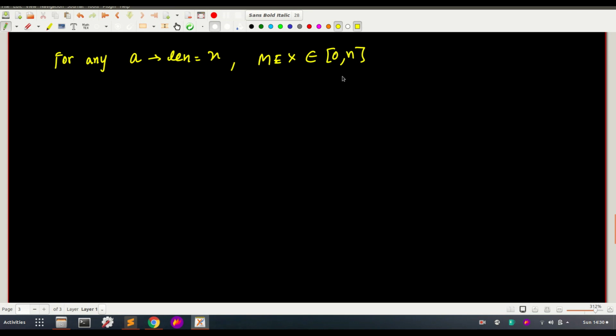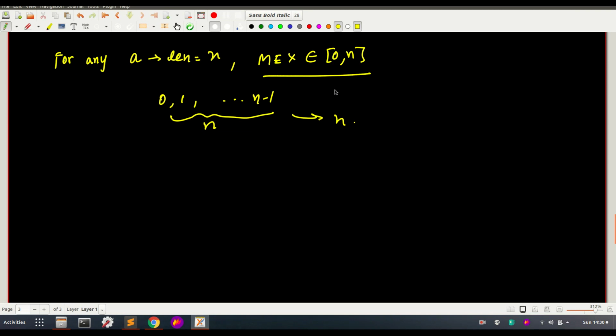Suppose the array has all the elements from 0 to n minus 1. This is a length n array, then the MEX is definitely going to be n. If we miss some of the elements in this particular array and replace them by something else, then definitely the MEX is going to be between 0 and n minus 1. So this is always true.